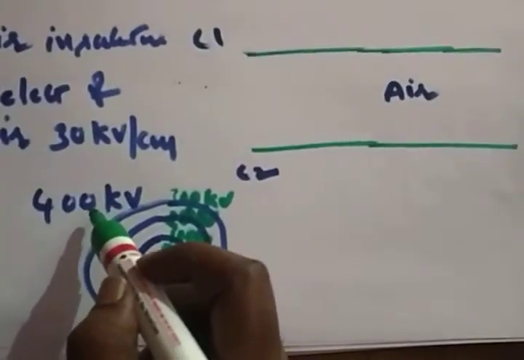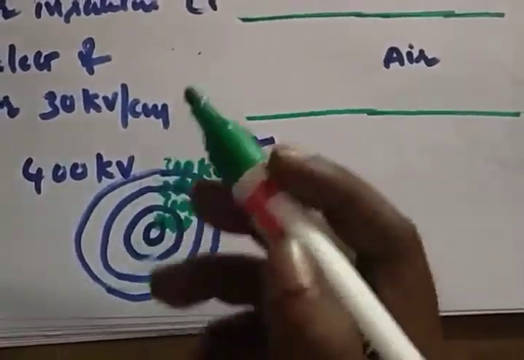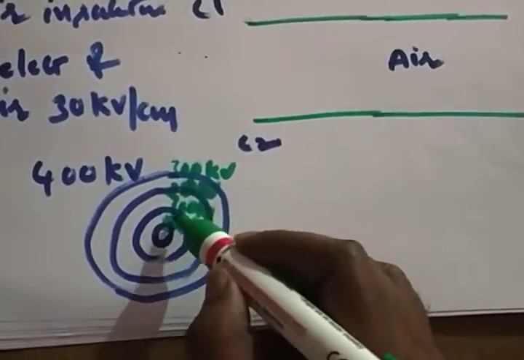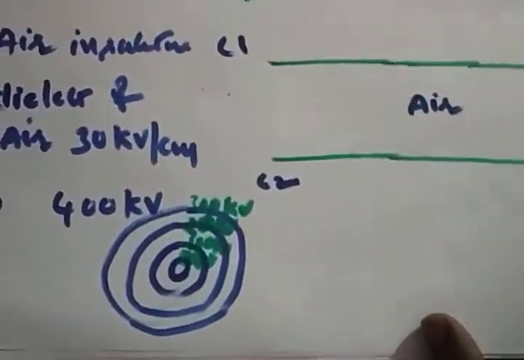Hope it's clear. On the surface you will get around 300 kV; if the distance reduces, the potential gradient also reduces. That means 400 kV, 300 kV, 100 kV, 50 kV, like that the potential gradient will be distributed.